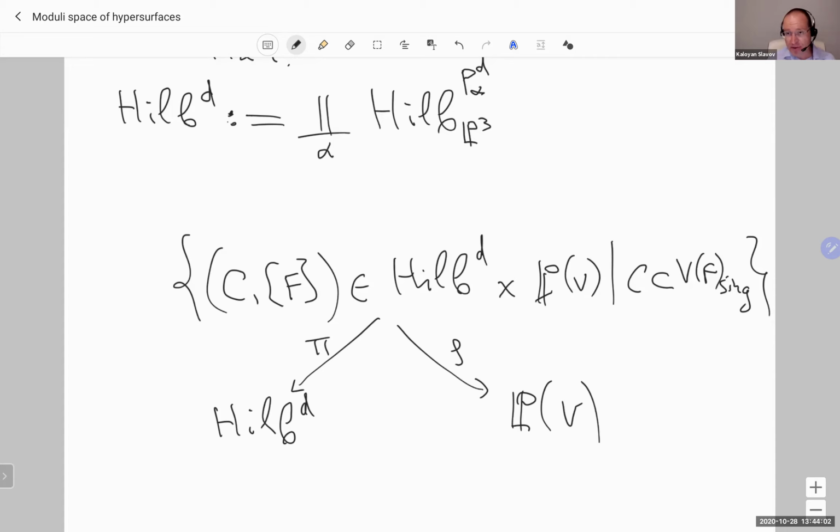The talk will focus on the case when d is large, but I'll also sketch what happens when d is small. You'd love to give an upper bound on the dimension of this incidence correspondence, let's call it omega d. If you give an upper bound on the dimension, that would be great, because then you project by the second projection rho, and you get the set of hypersurfaces singular along something in Hilb D.